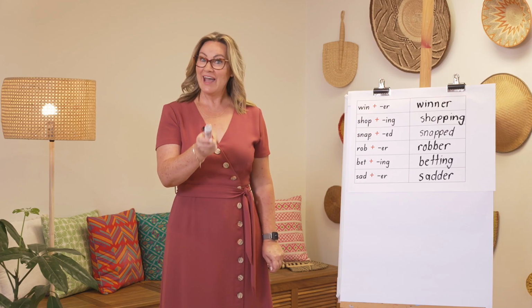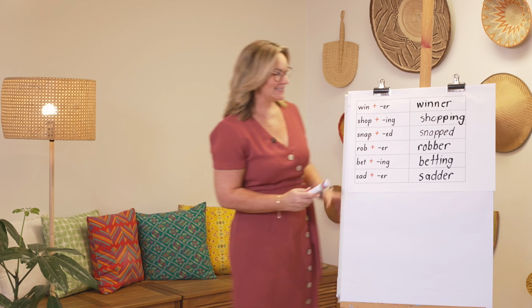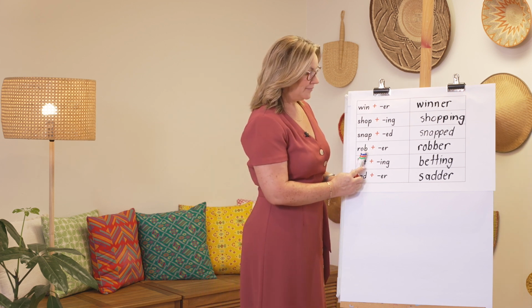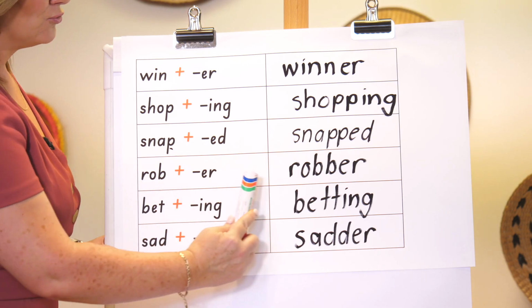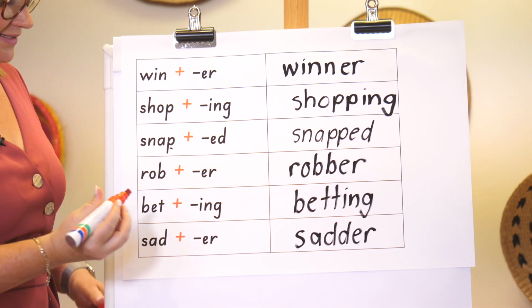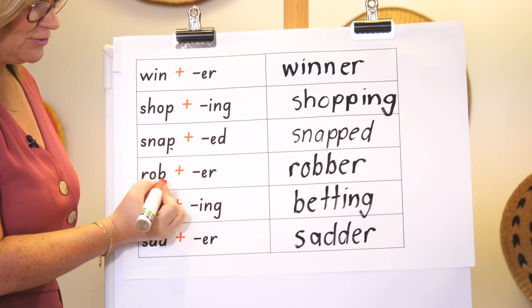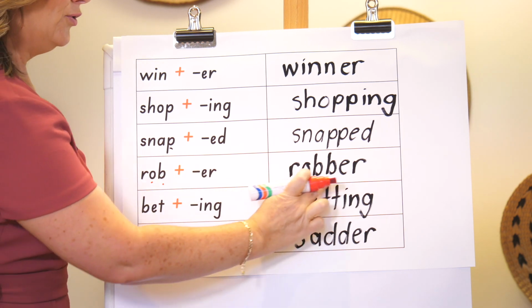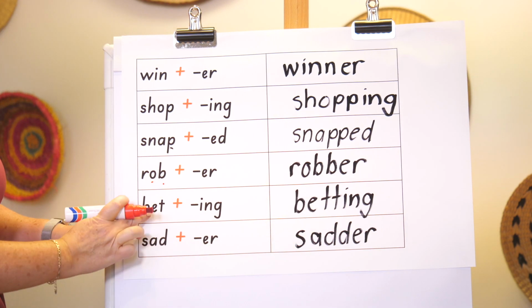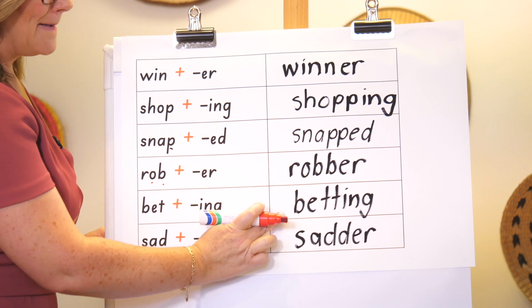Time to check our work. How did you go? Excellent. Rob plus becomes robber. One syllable word? Yes. Short vowel? Yes. One final consonant? Yes. Robber. Bet becomes betting.